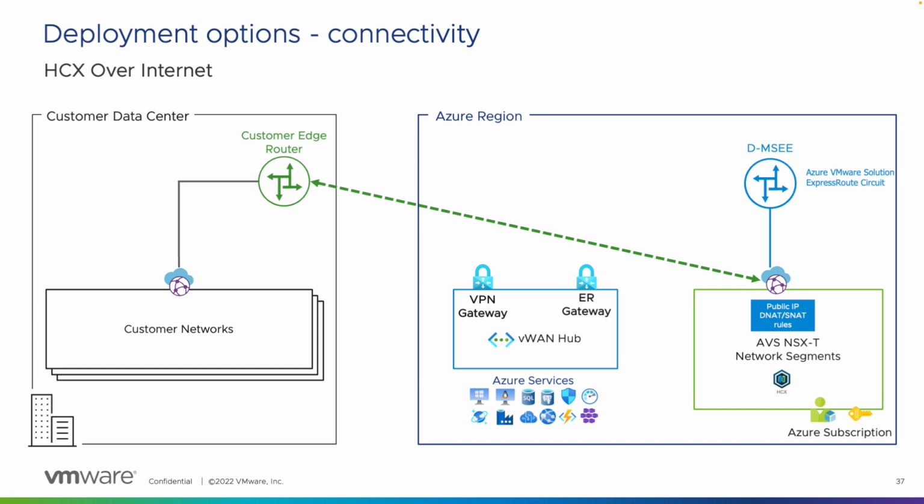So your data is going over public IP, but it's also going through an encrypted IPsec tunnel, so your data is secure and protected throughout the transfer. This method does require DNAT SNAT rules, which are done right inside of your AVS NSX-T environment, and I will be providing a link below with steps on how to do this.